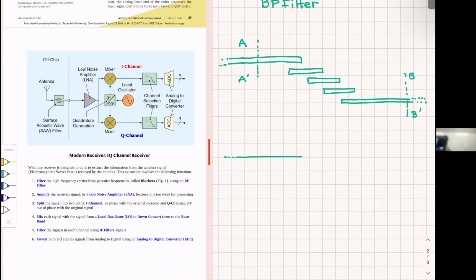Or it could be something like this, and that can be a low pass filter. There is always an input port and an output port.